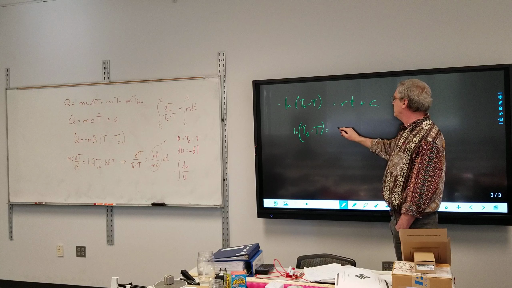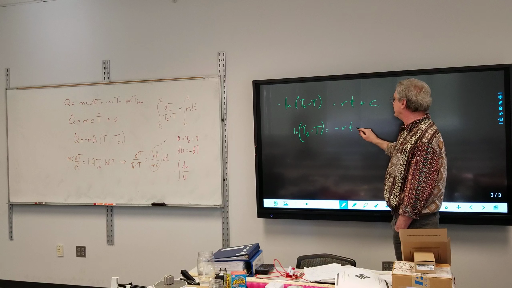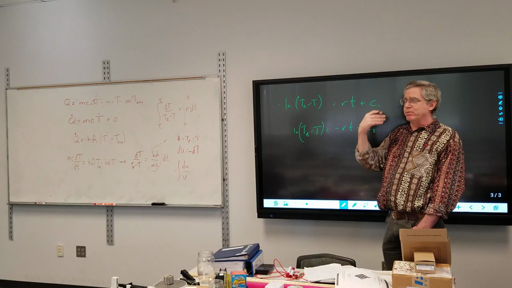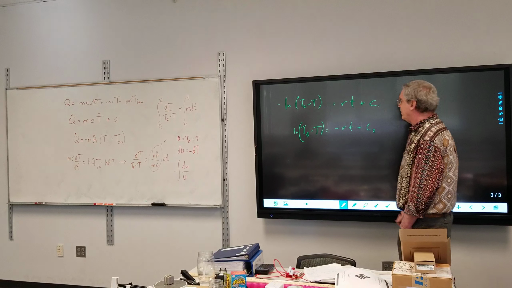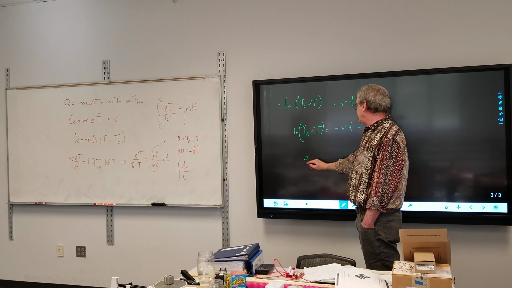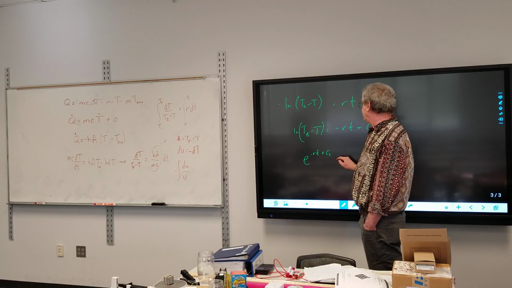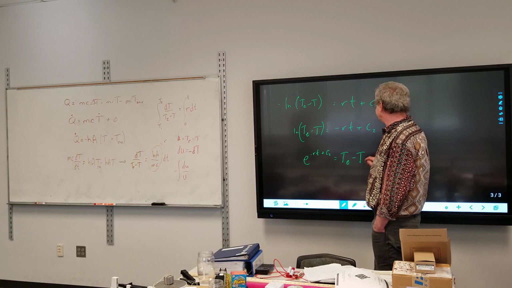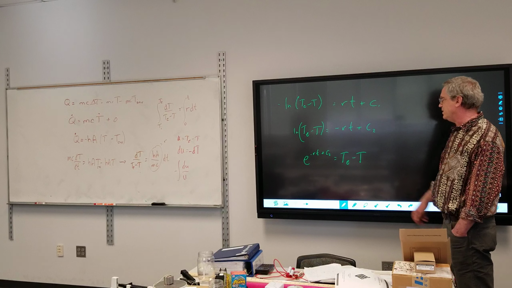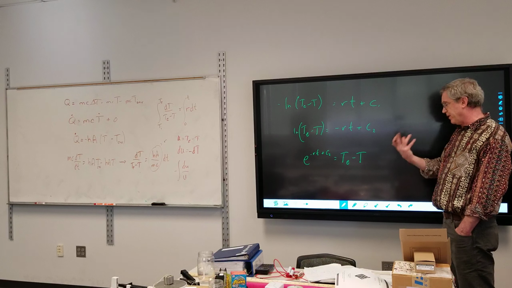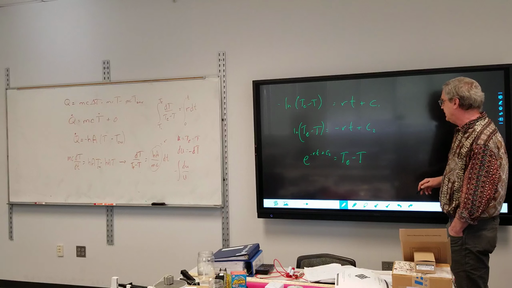Bringing the negative over, so I have the natural log of TE minus T is equal to negative RT plus the negative of the previous constant. So E to the negative RT plus C2 is equal to TE minus T. Again, TE is the temperature of the environment or the surrounding area.